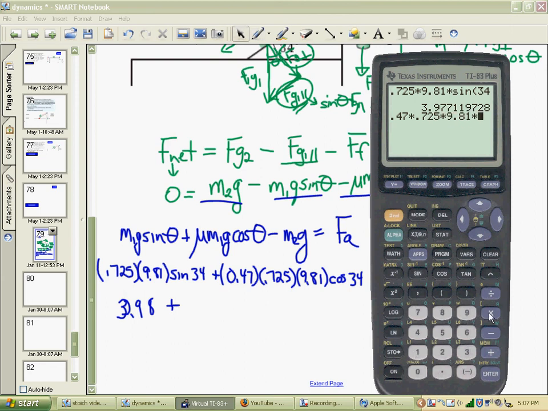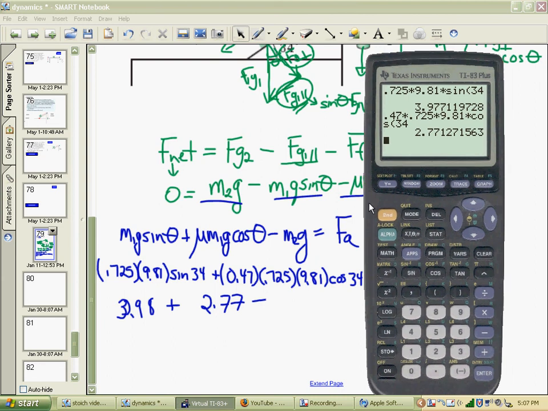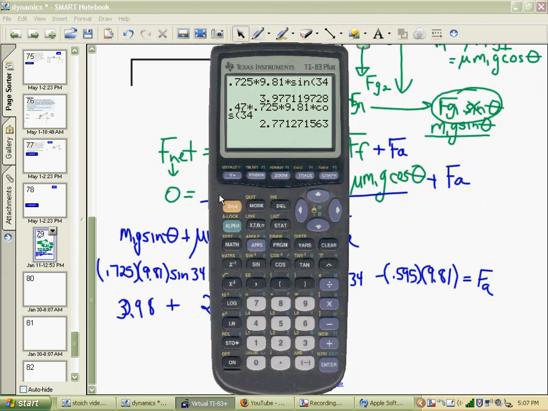Enter. That gives us 2.77. And now we take off the last one, so 0.595 times 9.81 gives us 5.84. It's over here, 5.84.